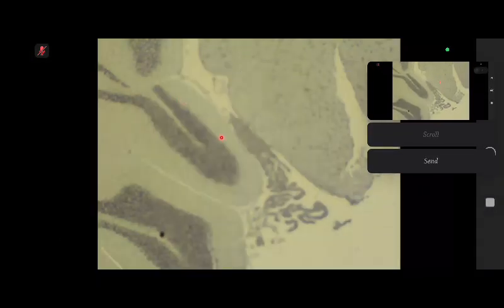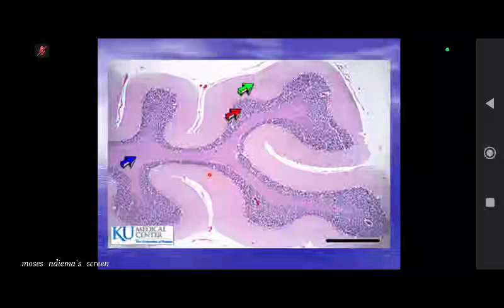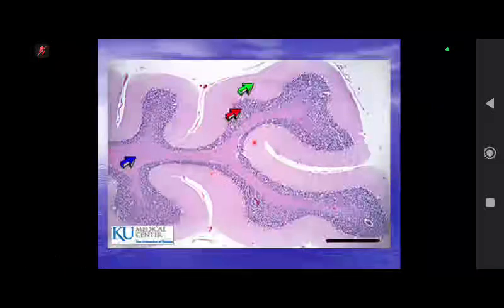This is the cerebellum. You will notice here that we have an outer part which has very few cells. That is the molecular layer. We have the granule layer, and in between, we have a single layer of cells that we refer to as the ganglionic layer, comprising of flask-shaped cell bodies of Purkinje cells.